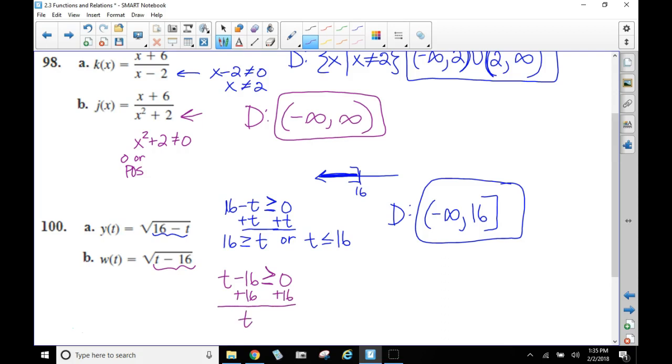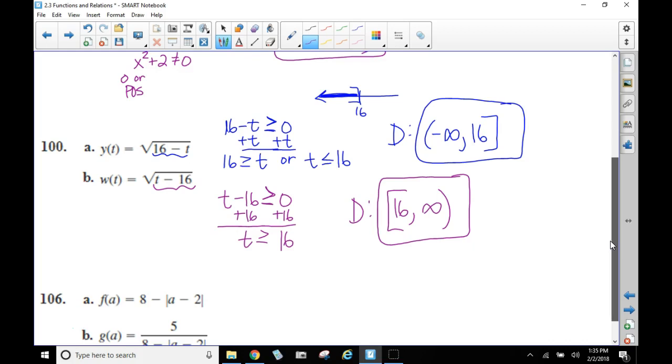And this will state t needs to be greater than or equal to 0 plus 16, which is 16. Okay? These values of t need to be bigger than or equal to 16. So the domain of this function is 16 to infinity. Those are the values of t that will make sure that we don't get a negative underneath that square root.